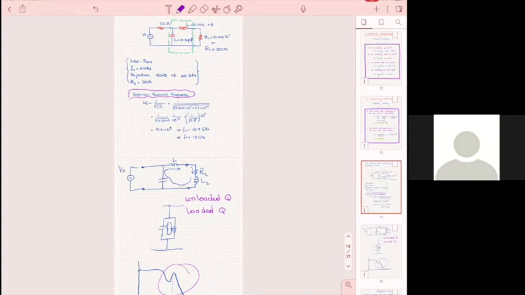So why is that important to remember? Because as a filter, you may have a good Q, but then when you load it with something that is not part of your design, then the Q of your filter can go very low. And that's why you need to pay attention to what loading your designs are telling you to have, and what load you provide yourselves.